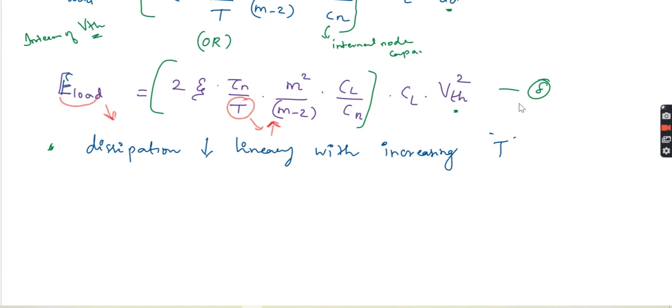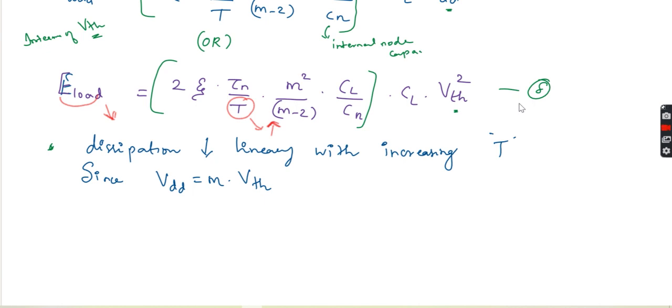What is this T? This T is nothing but your time ramp, I can say, like slowly increasing the voltage, right? That is what we can say. Since the VDD is equal to m times of VTH, the dissipation will increase only linearly with the voltage swing.